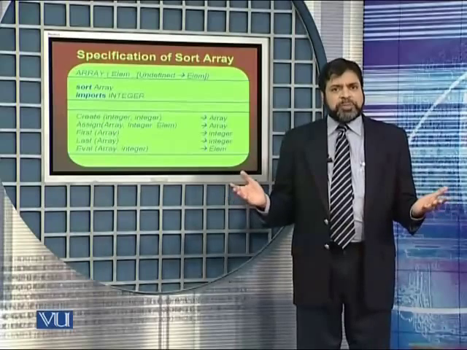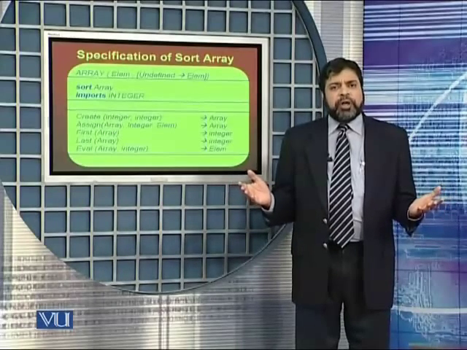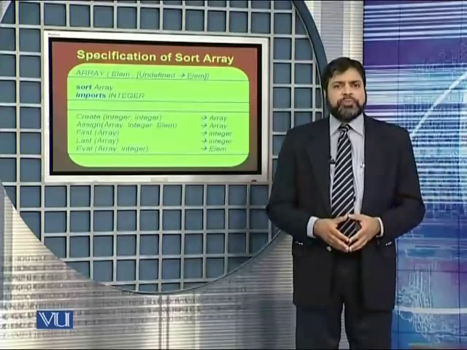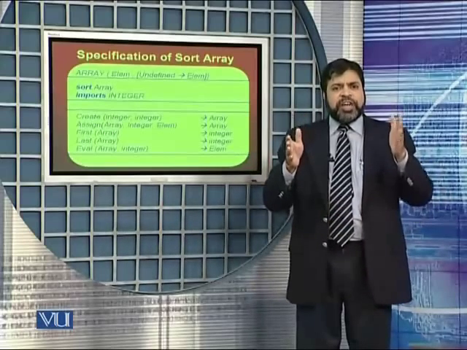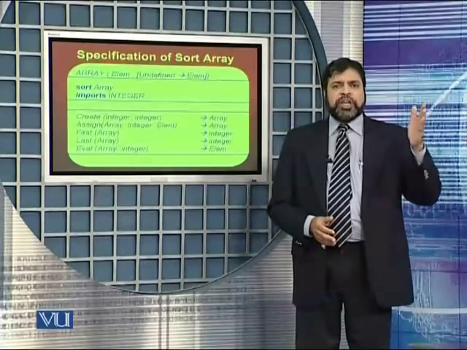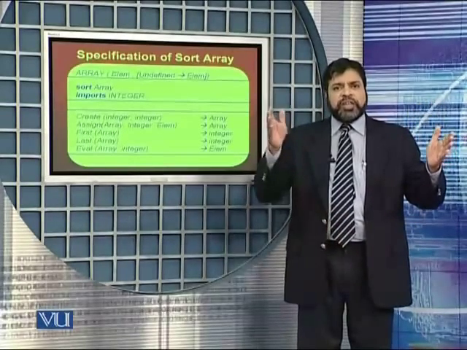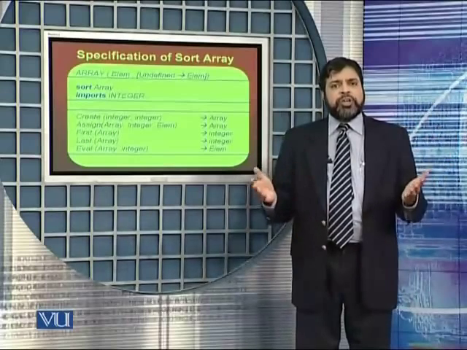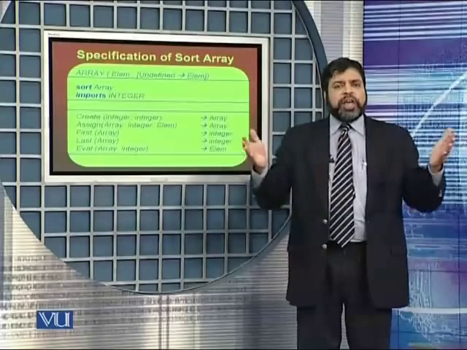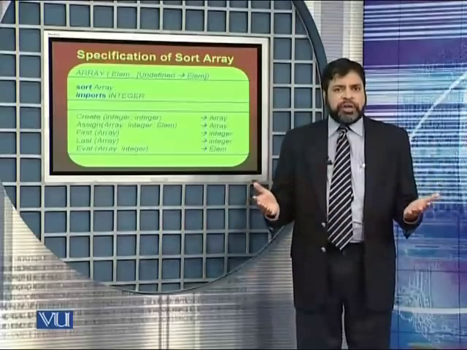But in this particular specification that we have, there are many languages like Ada, Pascal, and so on and so forth, where you can specify the starting index and the end index. So you can say the first index is -10 and the last index is 10. So here you have indices from -10 to 10, and the total array size is going to be 21 in this particular case.